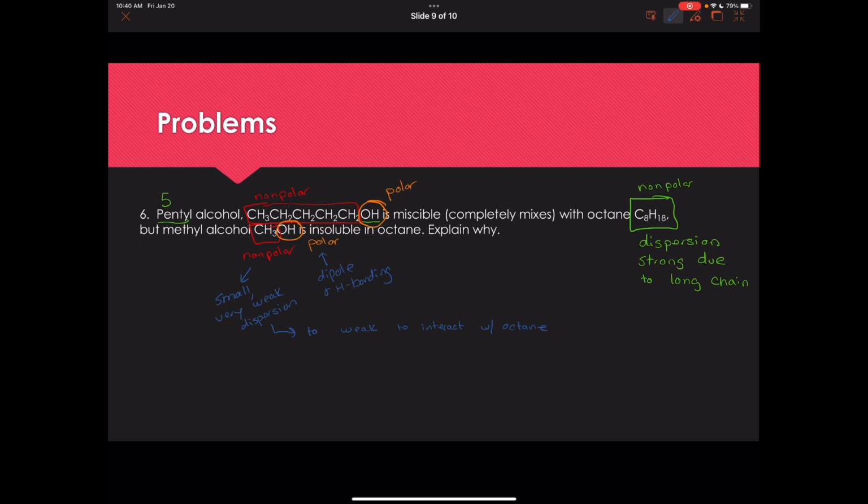But the pentyl alcohol has this large nonpolar region. That large nonpolar region is going to have strong dispersion forces. Even though it has this polar region, it's going to be weak compared to the long dispersion.